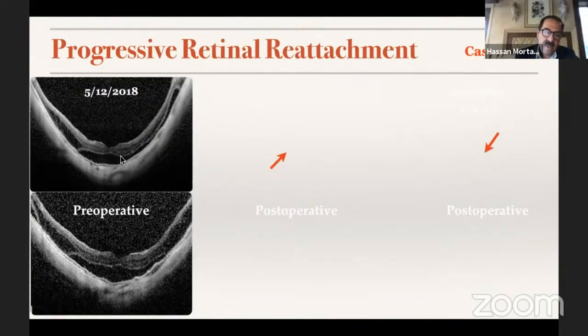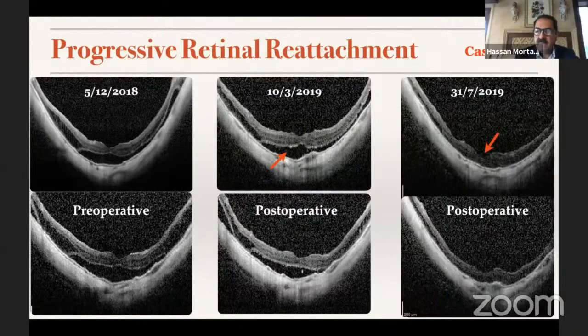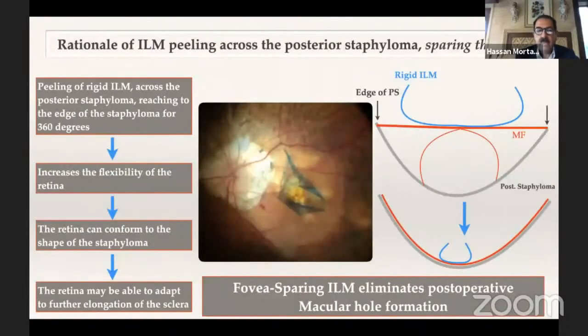There was a foveal detachment, so we decided to operate. 3 months later, there was still subretinal fluid, and I was about to put a macular buckle, but I decided to wait for some time, and after 7 months, the macula became reattached and the vision improved, and there was no need to put a macular buckle.